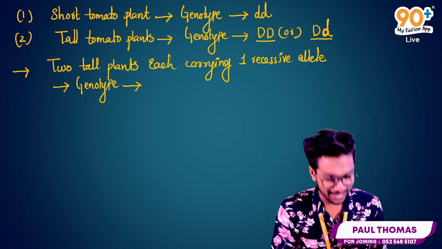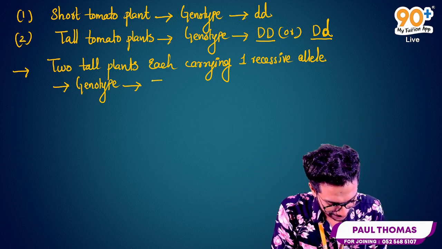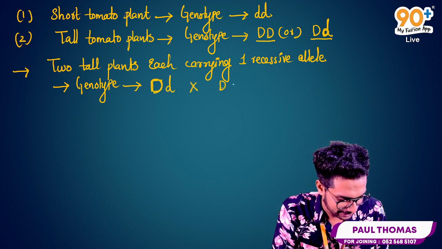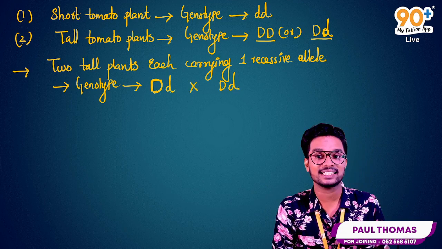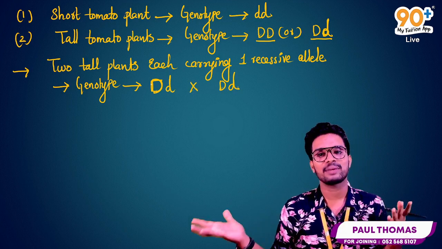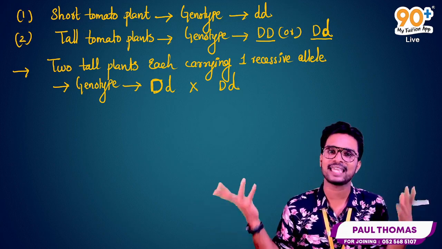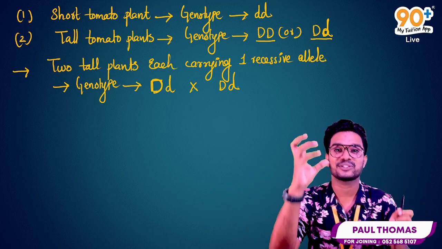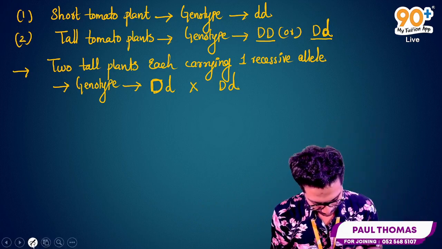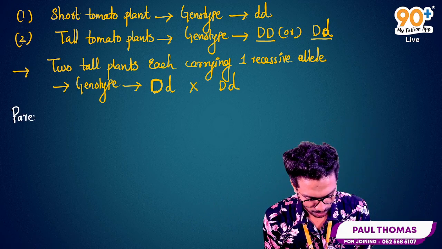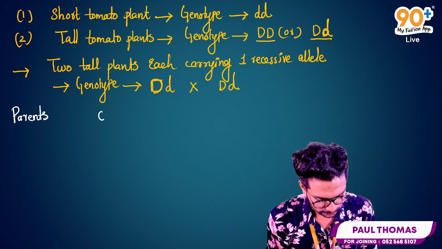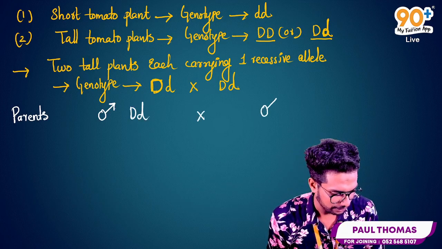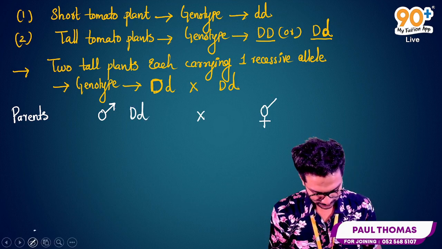That means they are in heterozygous condition. It means capital D small d crosses with capital D small d, because one is a recessive allele and the other will definitely be the dominant allele, which for a tall tomato plant is capital D. So they are indirectly mentioning the heterozygous condition of the parental generation. Now we need to write down the parental combination. The male one will be capital D small d, crossed with the female one, that is, tell me the answer.